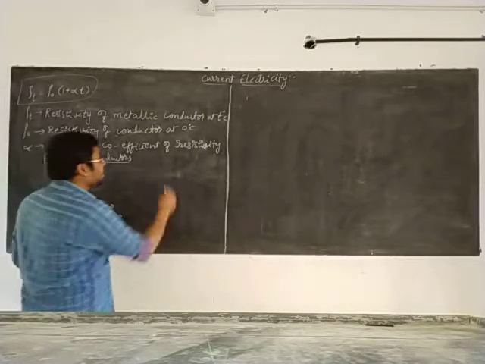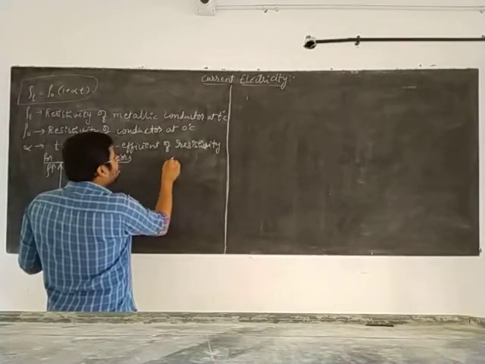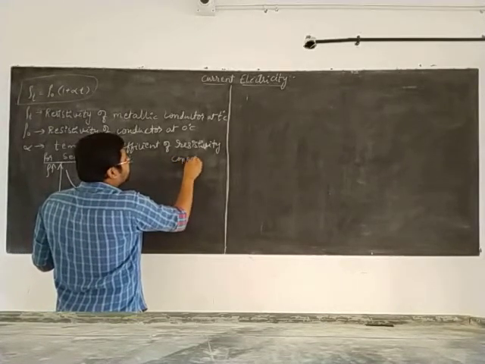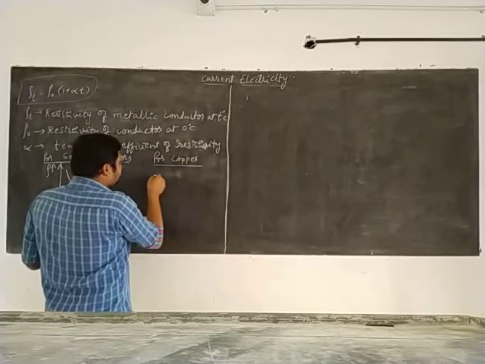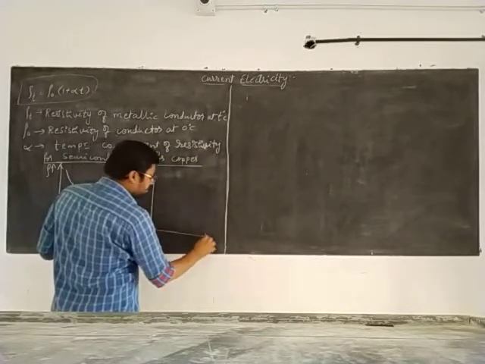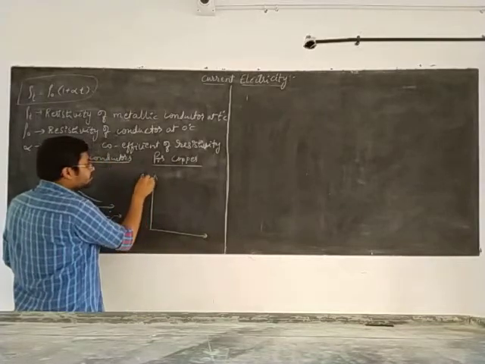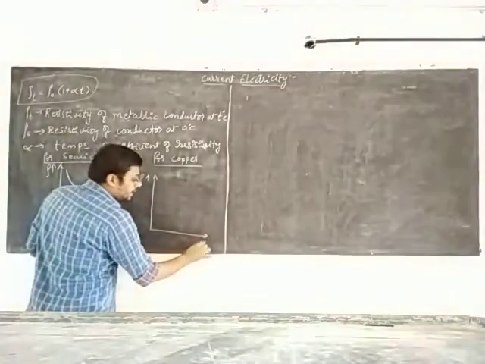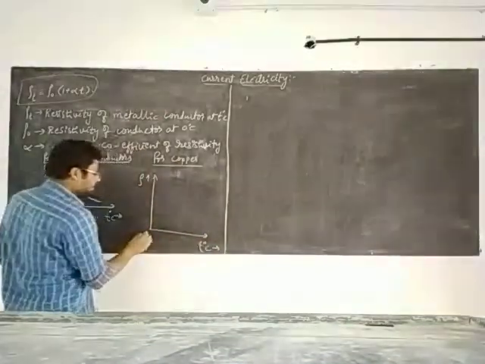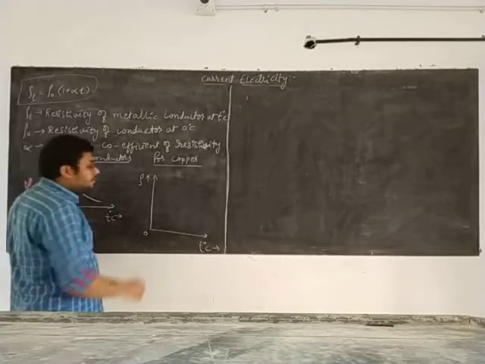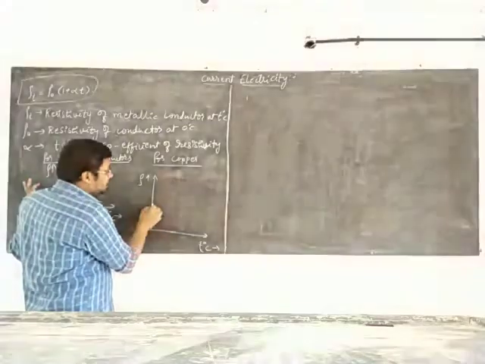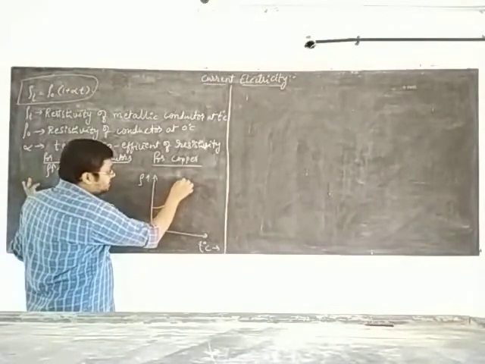For metals and alloys, the resistivity will increase. For example, I consider copper. Copper is a metal, a metallic conductor. Look here, resistivity and temperature in degrees Celsius.